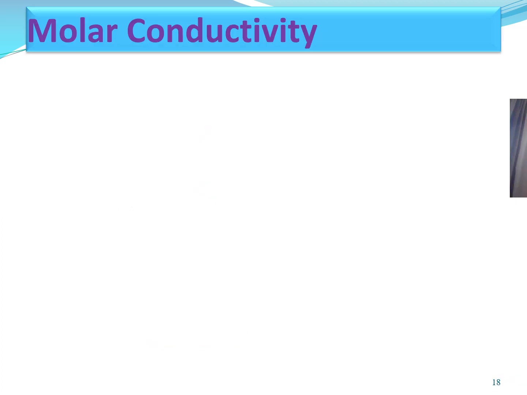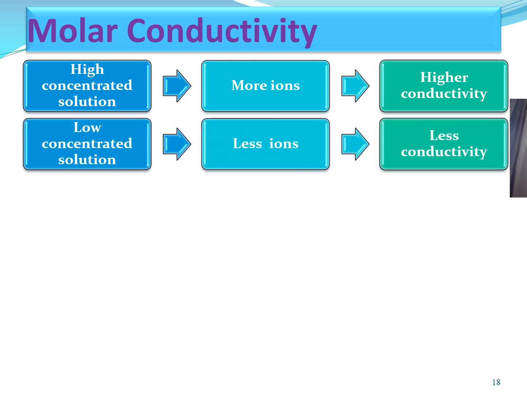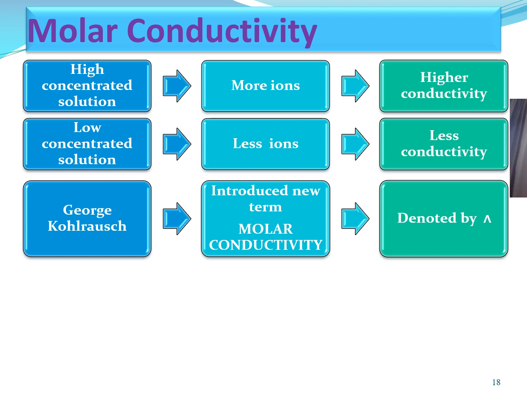Molar conductivity. Now what is molar conductivity? A highly concentrated solution will have more ions and the conductivity is going to be higher. A low concentration solution will have fewer ions and the conductivity is going to be less. So Kohlrausch introduced a new term, molar conductivity, denoted by lambda.